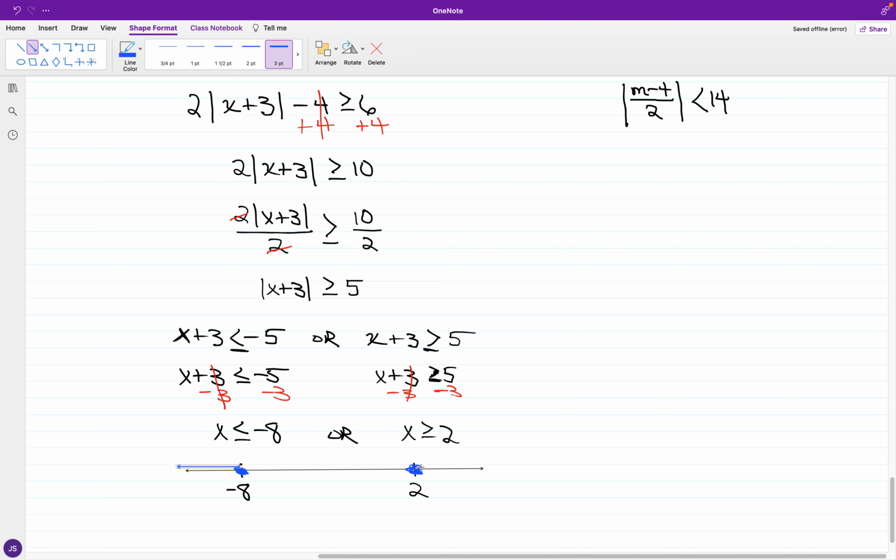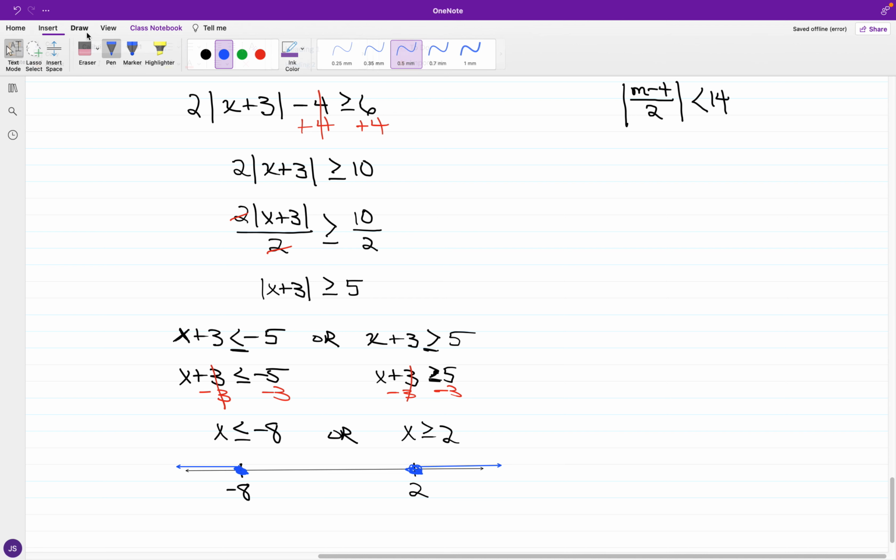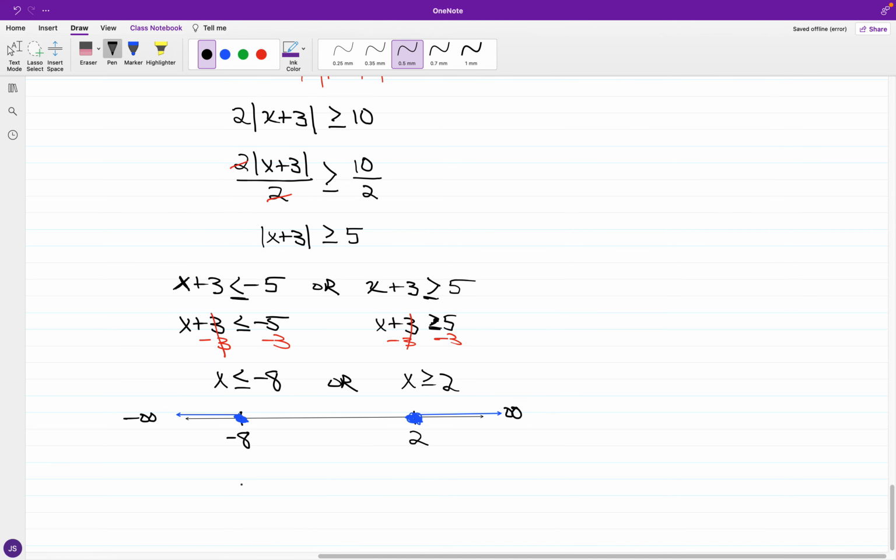And for x is greater than or equal to 2, we'll have a ray going continuously to the right. So you have non-stop motion both ways. So we have both negative and positive infinity involved.